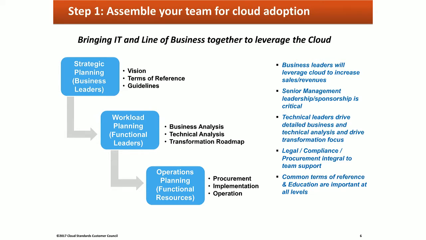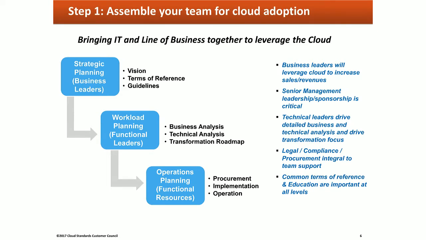And then that's followed by phase 2, which is the workload planning process. As part of this, we see that business analysis is critical. You have to define a business case and an ROI and a way to measure that ROI as you progress through this cloud transformation journey.